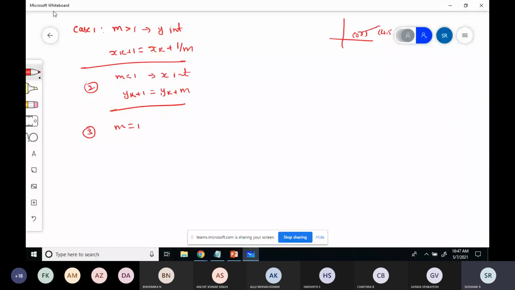So now x0 is 0, y0 is 0, x1, that means the final x end point is 4, y end point is 5. So first m is equal to 5 minus 0 by 4 minus 0. It will be 5 by 4, which will be 1.25. So m is greater than 1.